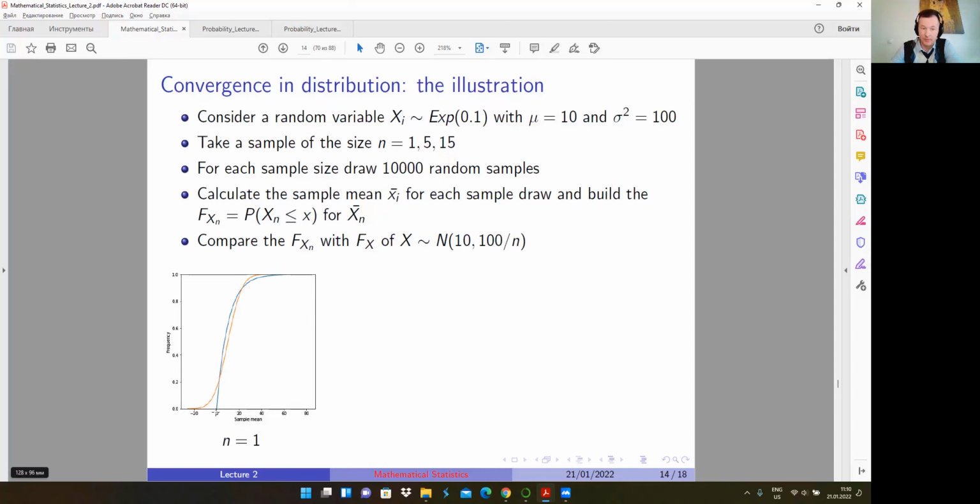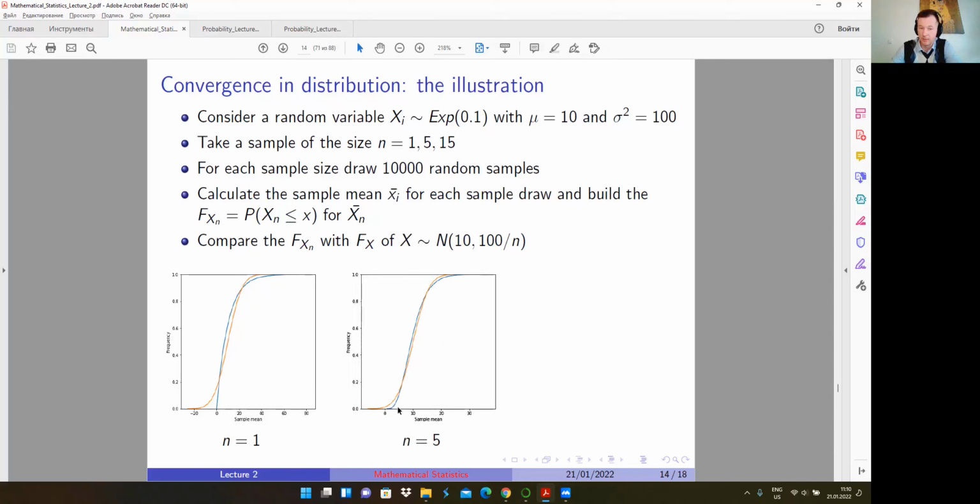So here, the blue line is the CDF of a sample mean when the sample size is 1, and the orange line is the theoretical CDF, cumulative distribution function, of a normal distribution with mean 10 and variance 100.